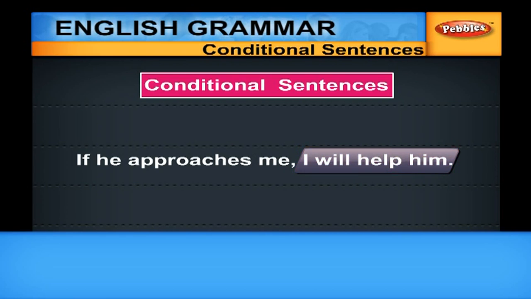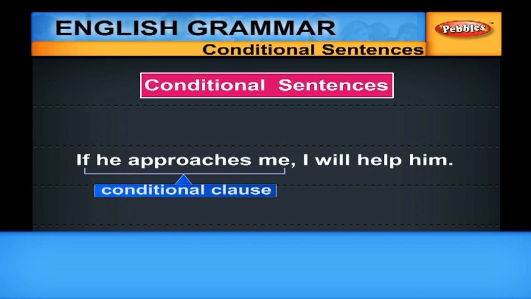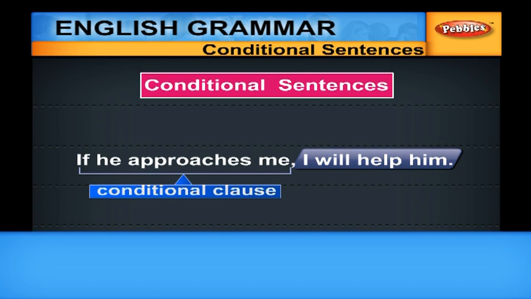You have 2 clauses here. If he approaches me is a conditional clause. If the condition is fulfilled, what will happen? I will help. So, in a conditional sentence, you will have a condition, and if the condition is fulfilled, what will happen?